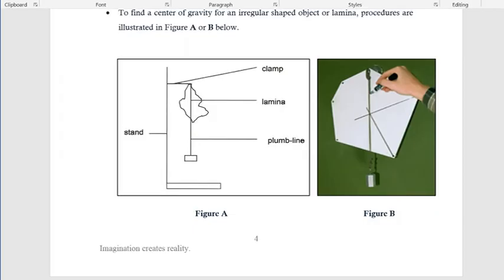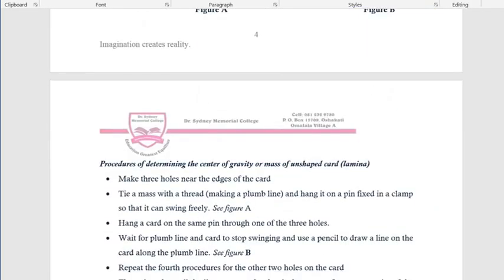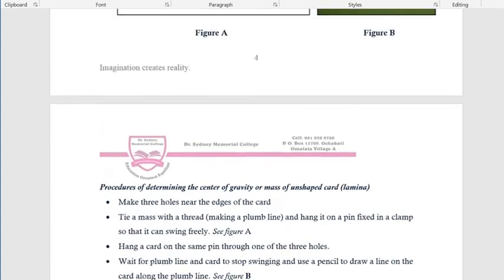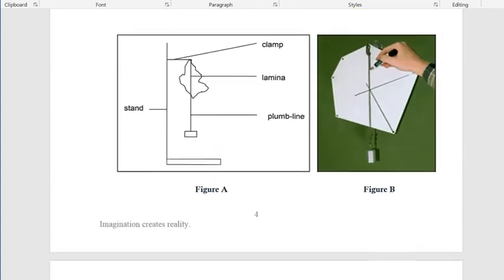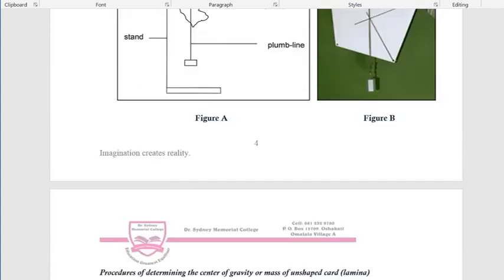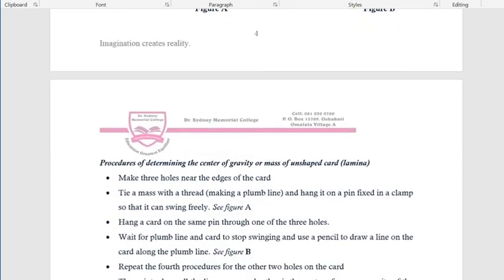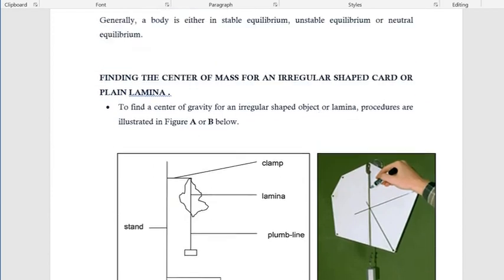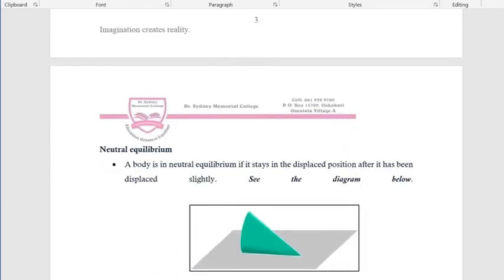This procedure is given here for determining the center of gravity or mass of an irregularly shaped lamina. So make sure that you go through this process, because it's important for you to be able to describe how you can determine the center of mass of an irregularly shaped object.